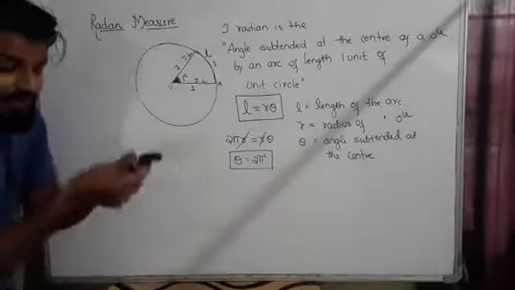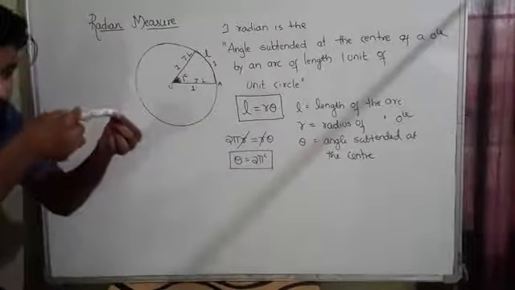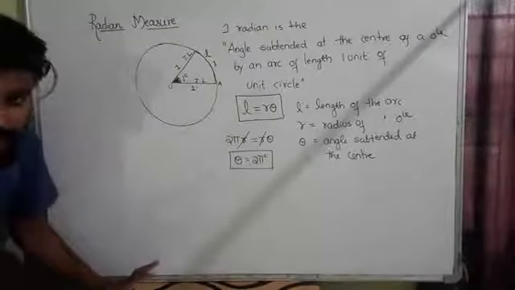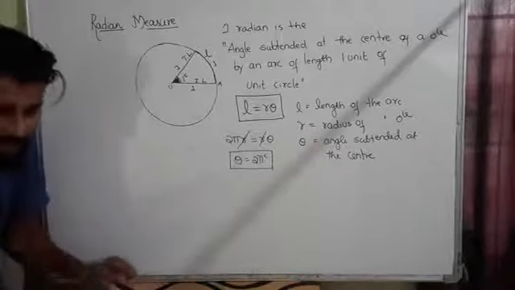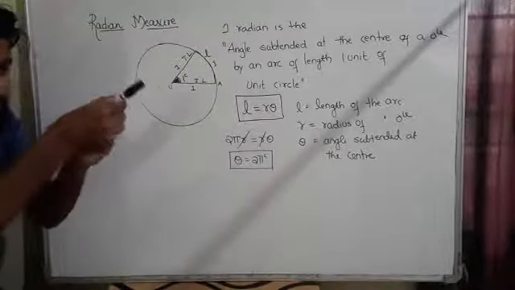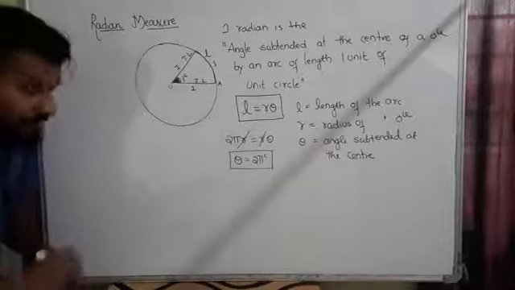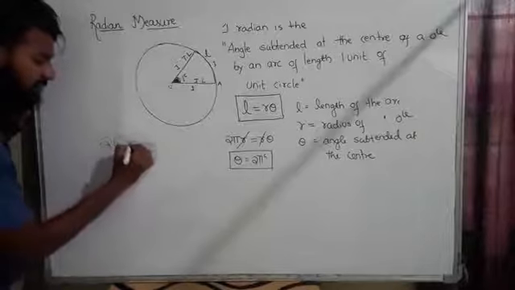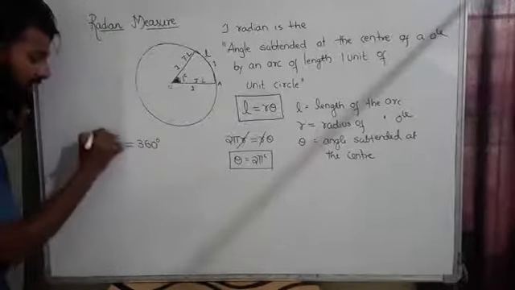In degree, if an initial line makes one complete revolution, it makes 360 degrees. In the same way, in radian, if an initial line makes one complete revolution, it makes 2 pi radians. So 2 pi radians must be equal to 360 degrees. Both have to be one and the same.